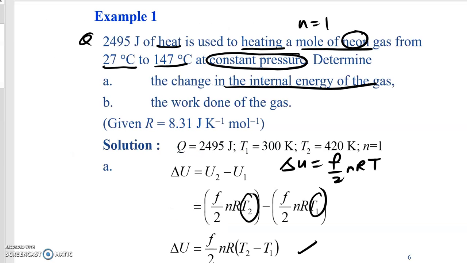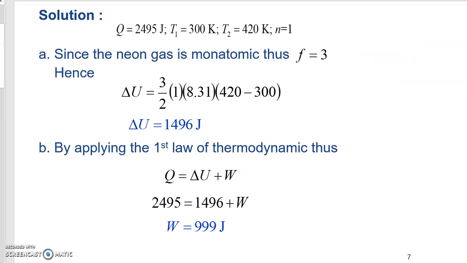Okay, so we have the solution here. We have delta U is equal to F over 2 nR(T2 minus T1). Since neon is monoatomic gas, F equal to 3. So we get 1498. Remember, temperature must be in Kelvin.